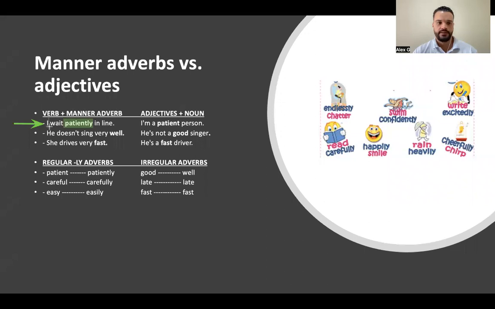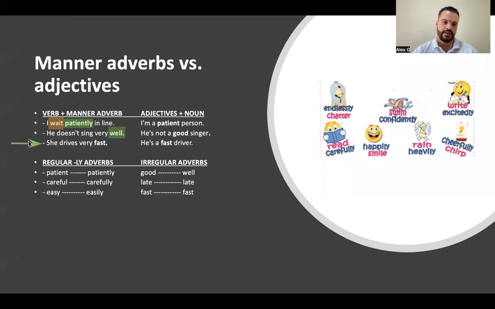In this case, the verb is wait. So I wait patiently. Another example is he doesn't sing very well. Again, we have the adverb right here, which is at the end, and we're going to use it to describe the action or the verb, which is sing.